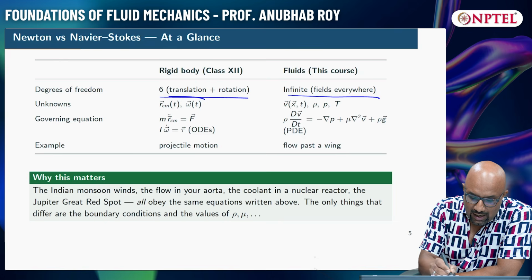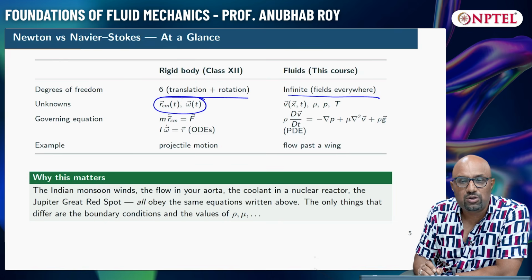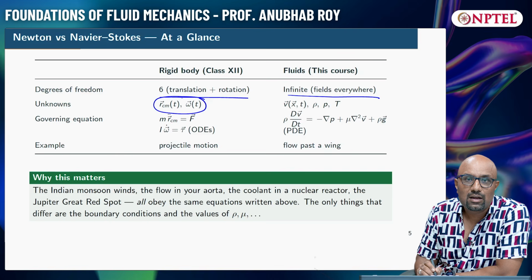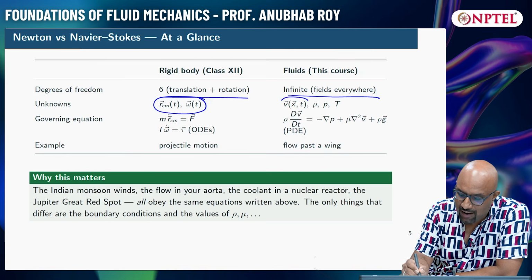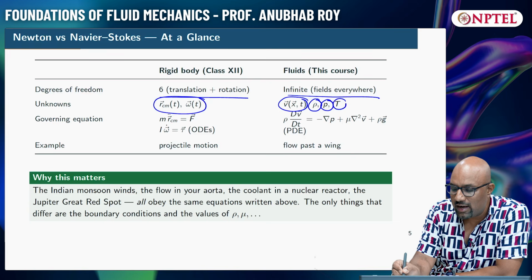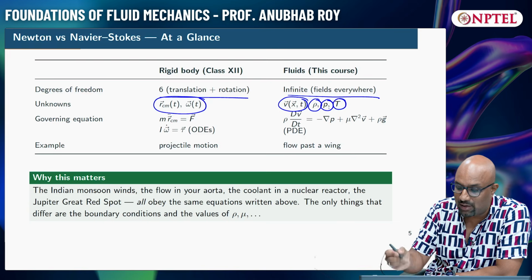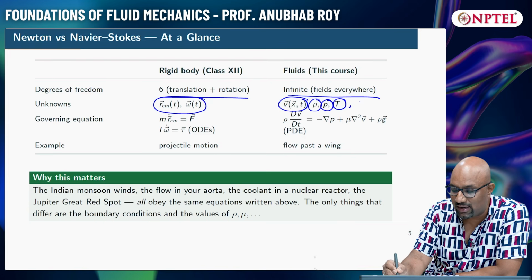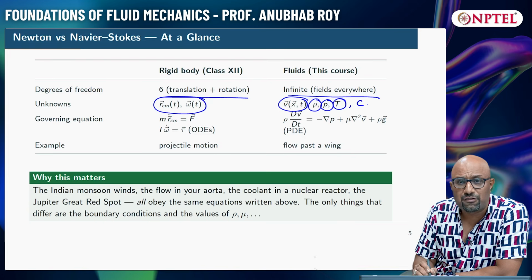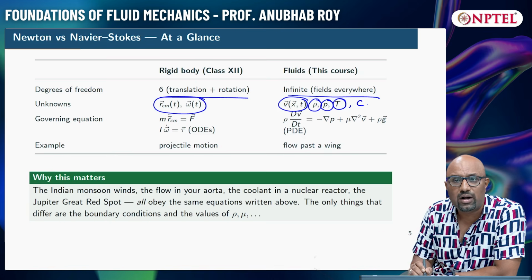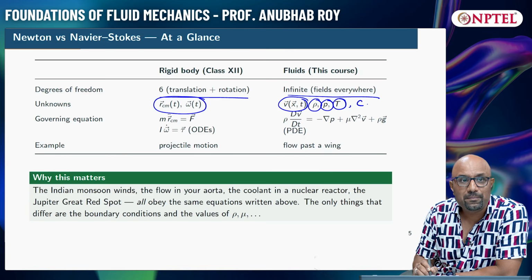Earlier, the unknowns were position and angular velocity. Now you have the velocity field, density field, pressure field, temperature field, and in some cases you may be interested in other things like, let's say, a concentration field, a bunch of different quantities, but everything is a field.